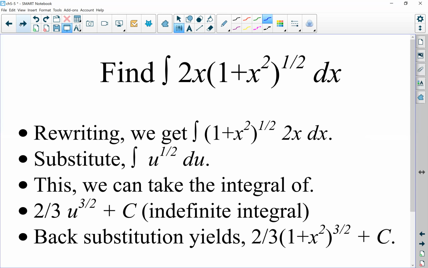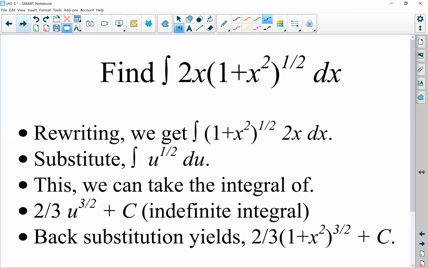So we end up with this u to the 1/2 du. And we can take the integral of that. We add 1 to the power to get u to the 3/2. We then divide by that new power or multiply by its reciprocal. So dividing by 3/2 is the same as multiplying by 2/3. Because we don't have limits on our integration, it's an indefinite integral, we have to add a constant to the end.